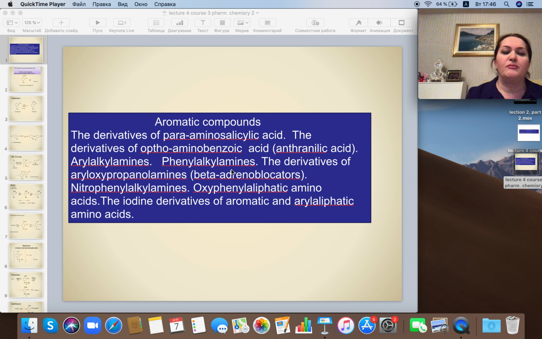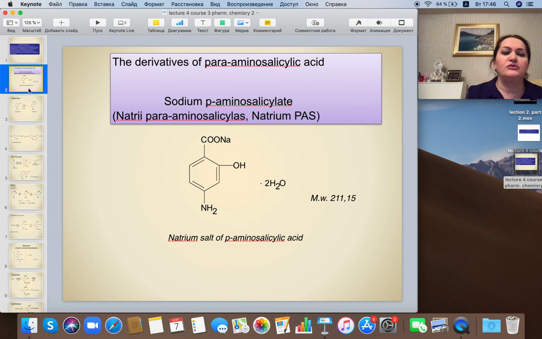Today we speak about other aromatic compounds, for example, the derivatives of para-aminosalicylic acid. Please look at the first slide, and you can see sodium para-aminosalicylate, and you can see this structure, sodium PAS. Sodium para-aminosalicylate is the name of this preparation.